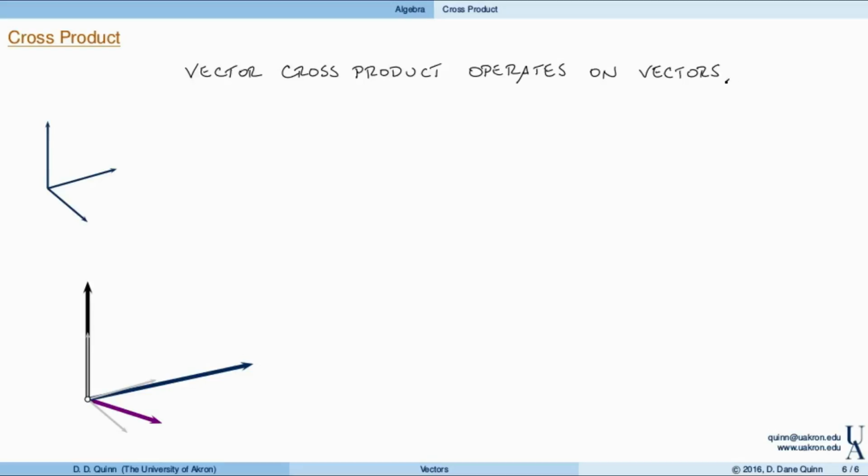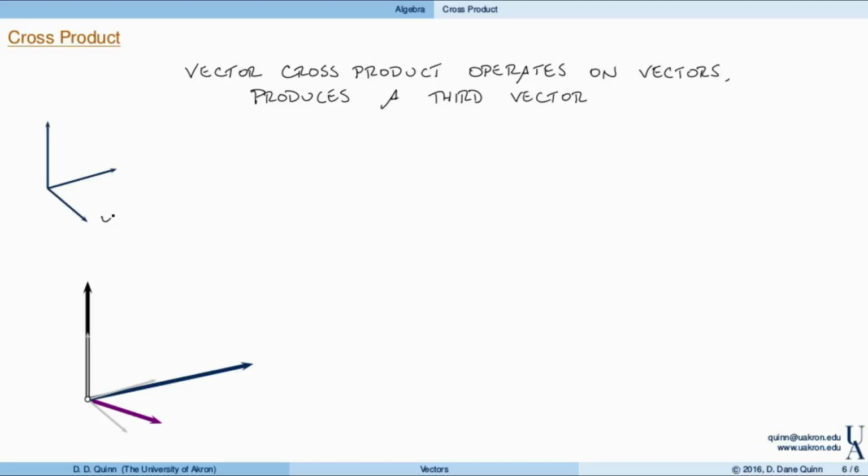And it produces a third vector. So again, we take 2 vectors, we cross them by each other, and we get out of that a third vector, or another vector. And the vector that results is perpendicular to the original 2.